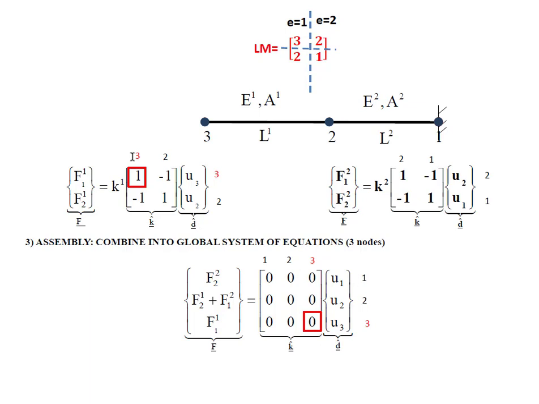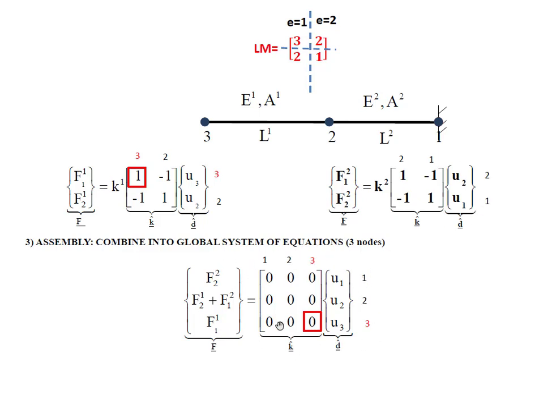Let's recall this example that we did in class, in which we had two elements. And since we had 3 nodes and 1 degree of freedom per node, the global size was 3 by 3. Let's recall that in class I used a notation on top of the element stiffness matrix, which was not numerical: U3, U2, U3, U2, U2, U1, U2, U1, U1, U2, U3.